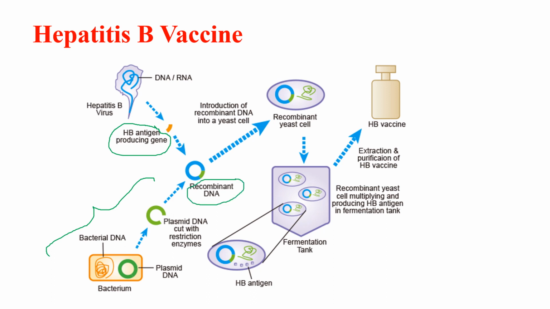This recombinant DNA containing the target gene is introduced into a yeast cell, forming the recombinant yeast cell. The recombinant yeast cell multiplies in the fermentation tank and produces the hepatitis B antigens. The hepatitis B antigens are then extracted, purified and bottled.